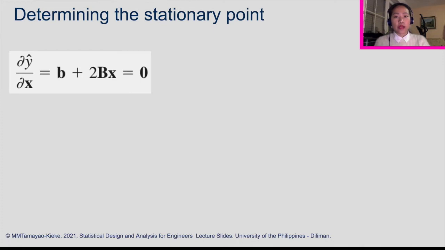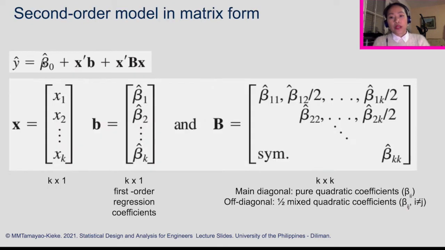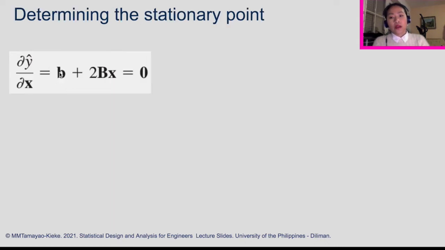So you can determine the stationary point by satisfying this condition that the partial derivative of y with respect to x is equal to 0. Okay, so in matrix form, you can express it as such. From the previous slide, we know y hat, so we get the derivative of this with respect to x, and equate that to 0.